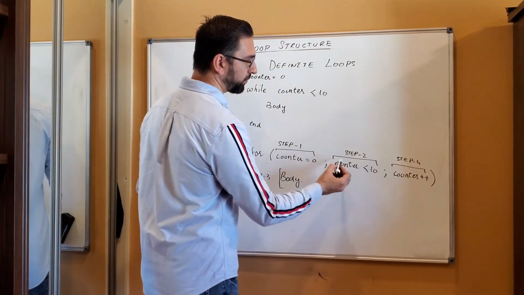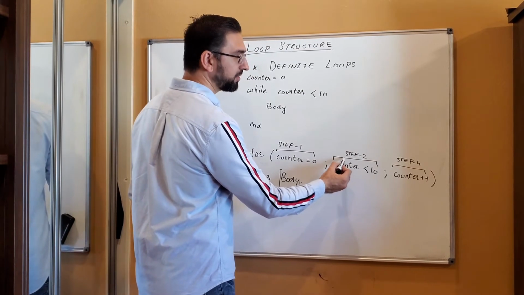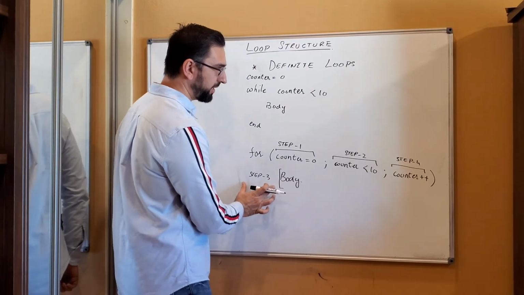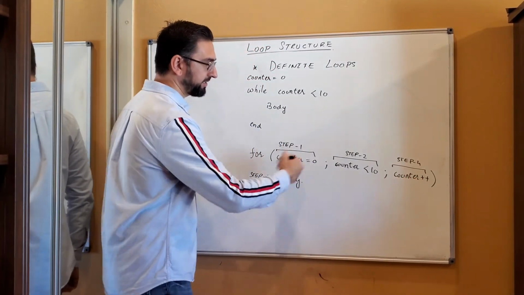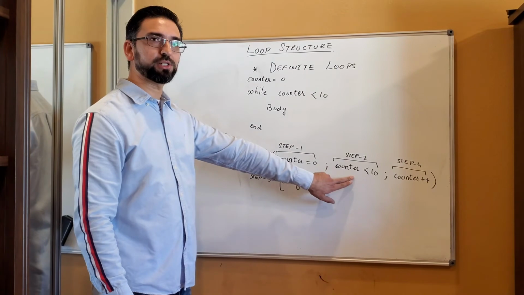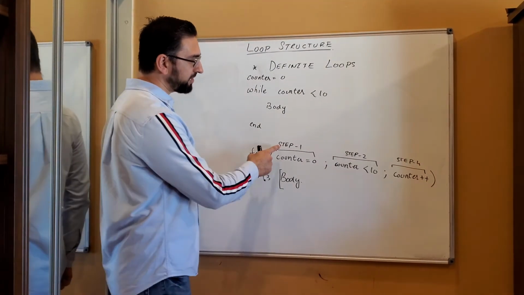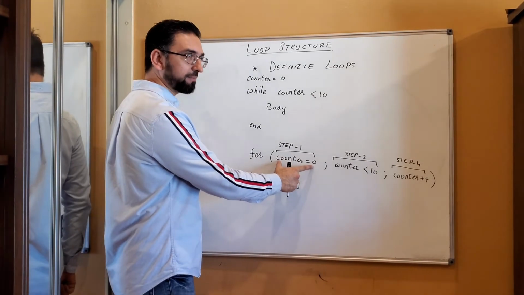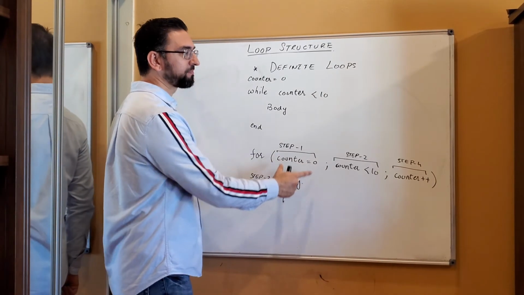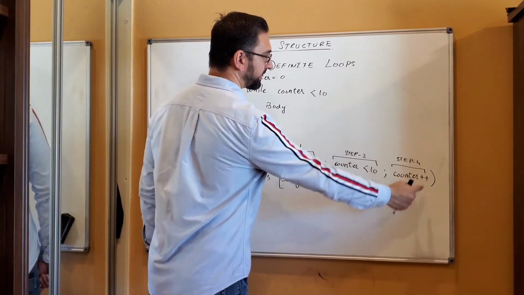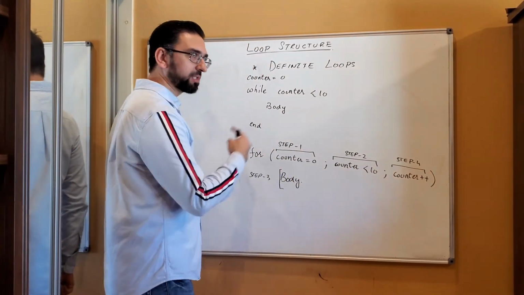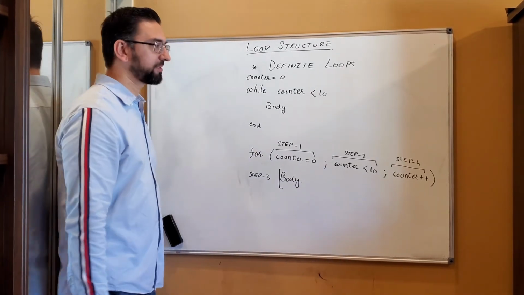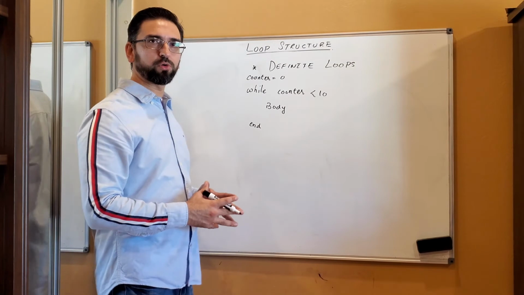Then after step 4 it comes back to step 2, checks the condition of the counter, step 3, step 4, and it just keeps on repeating until the condition is false. So we only initialize the counter once, so step 1 will only be executed once, followed by steps 2, 3 and 4, which will continuously iterate until the condition is false. So we have seen the pseudocode for the for loop.